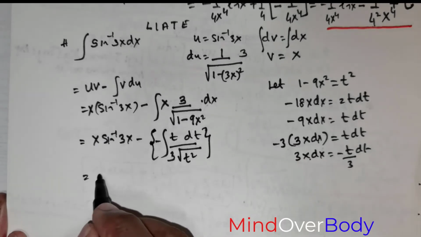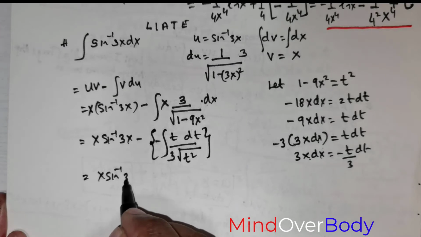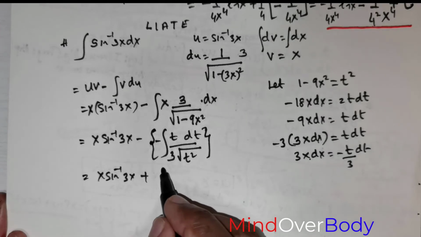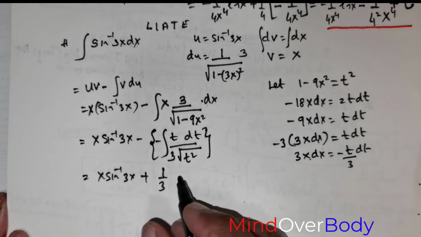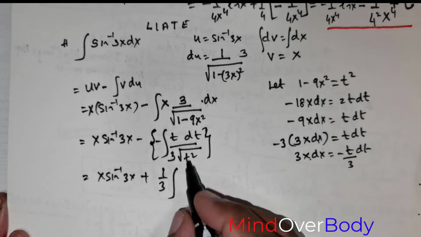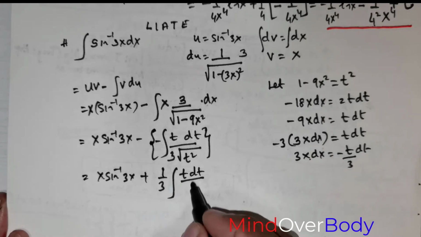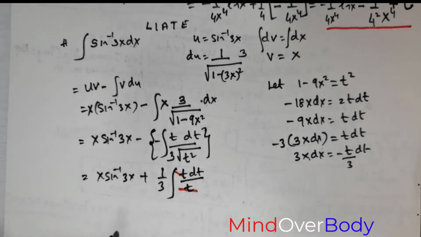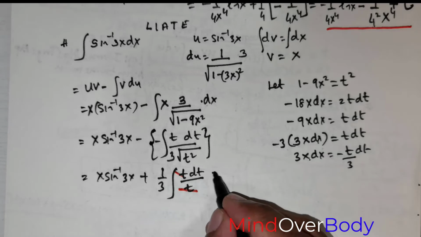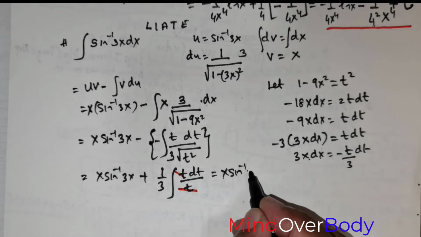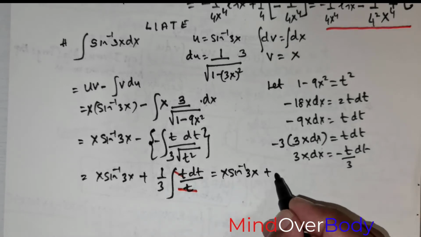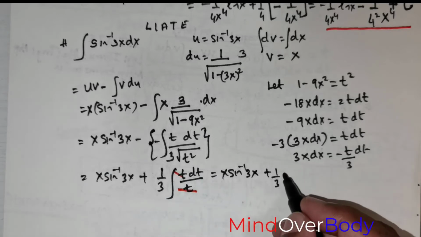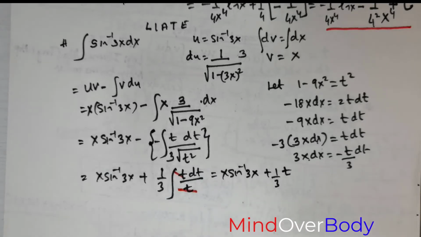Now I can rewrite this as x times sine inverse of 3x, minus negative, positive, 1 over 3 I can take it out, so it's going to be integral t times dt, root of t squared will give me t. So clearly I can cancel these quantities, and that would give me x times sine inverse of 3x plus 1 over 3, integral of dt would give me t.